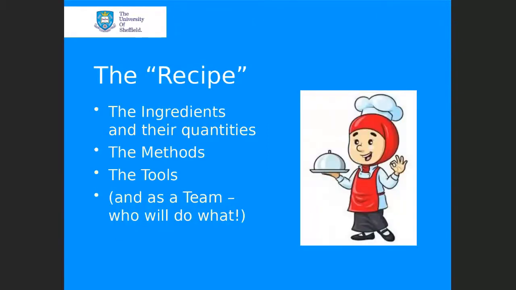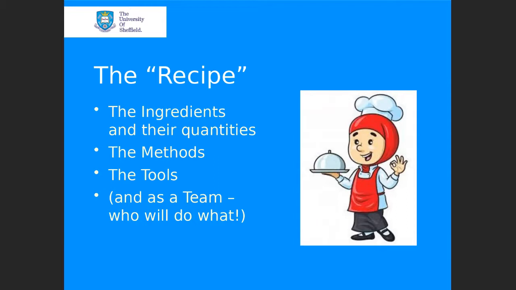And it's helpful to think of this in terms of being like the recipe for a review. If you think about a literal recipe, we have the ingredients, so the types of studies that we've got, the quantities of those ingredients, so some of the features that they're likely to have, the methods that we're actually going to follow in order to go from the raw ingredients to the final product, and any tools that we need, any equipment.